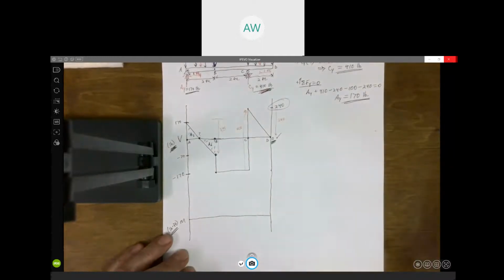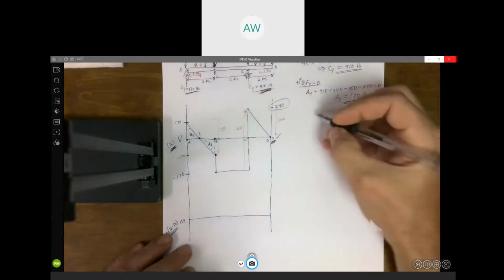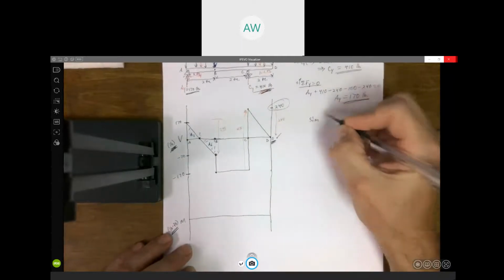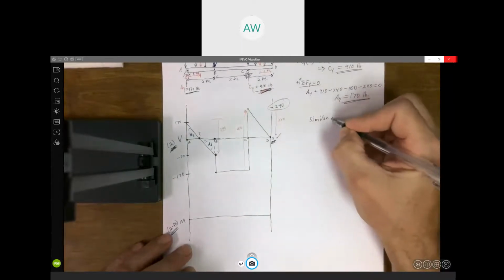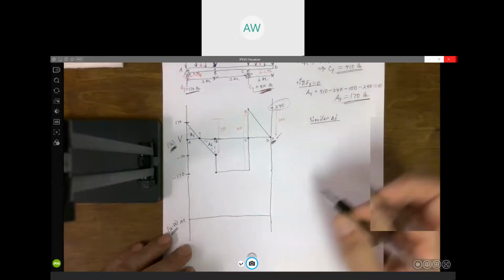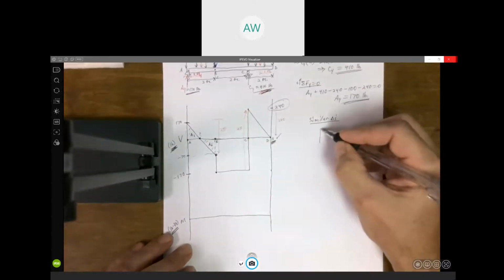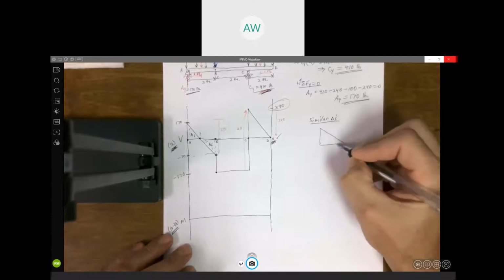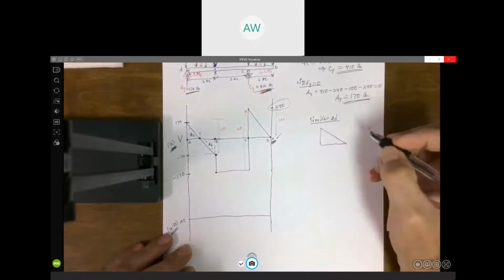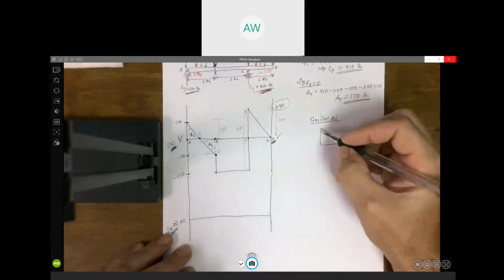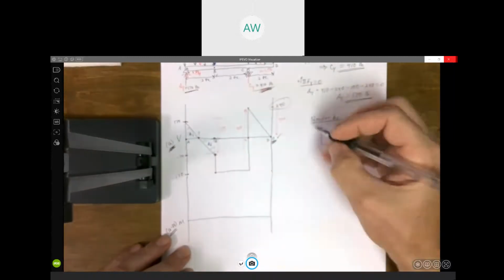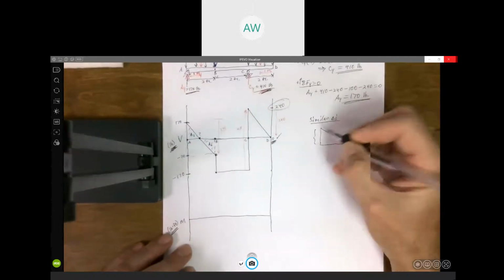Now, we could do this several different ways. I think one of the easiest ways is to use similar triangles. So if you look at this big triangle here, and again, keep in mind my picture is not to scale. This is 170 and that's 70, so this is what, 240?